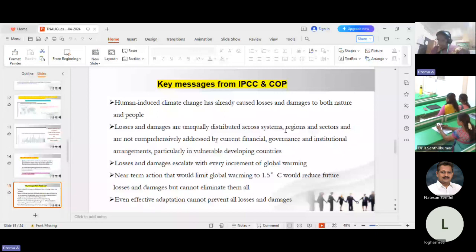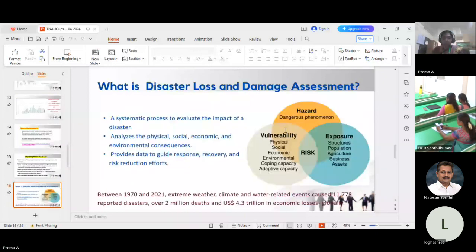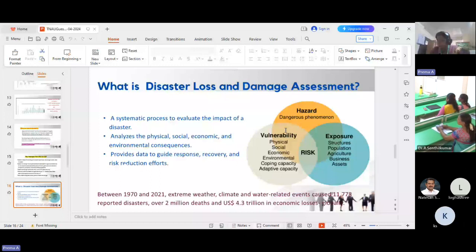The 28th session of the Conference of the Parties, COP28, reiterated the need for robust disaster loss assessment and has come out with major guidelines. The earlier framework was the one developed by the United Nations Sendai Framework in 2012.